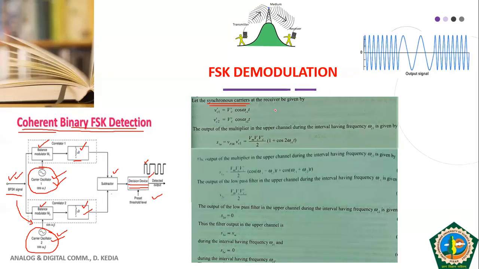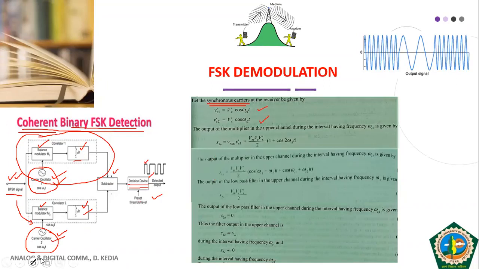These carriers are represented by small vc1 and small vc2. In this mathematical analysis, I'll be explaining how this upper part of the detector works. The lower part works in exactly the same fashion as the upper part, so you can correlate the working of the upper part with the lower part.